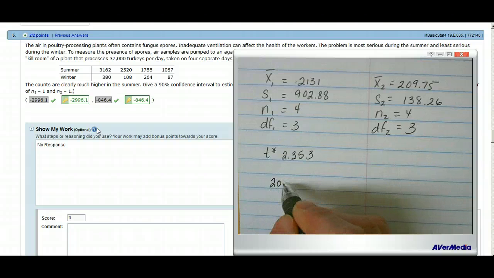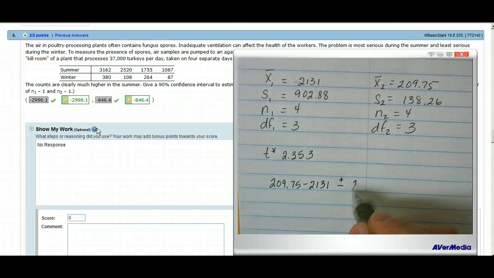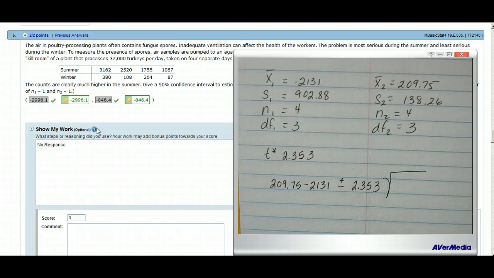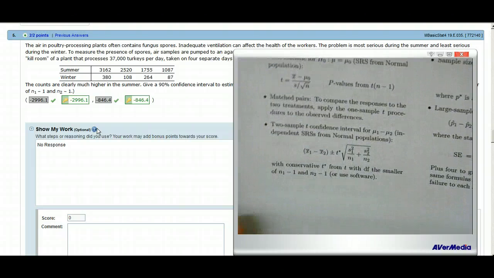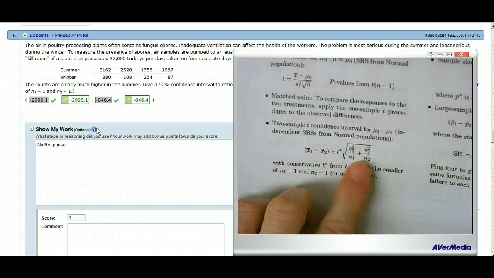So 209.75 minus the other mean, and then plus or minus our critical T, 2.353, times the standard error of the mean. And if you forget this formula, you can refer to the confidence interval in the lower part of the left-hand column, right over there. This is the two-sample confidence interval that I'm looking at. So I need to do the square root, and this uses my standard error of the mean here.